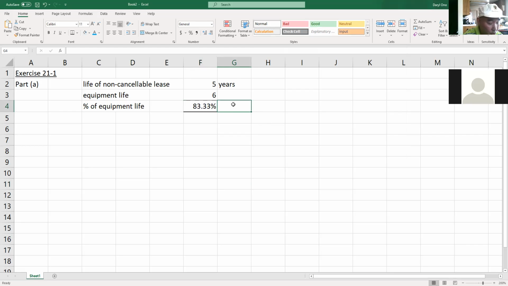Okay, which is greater than 75%. Therefore, a capital lease.